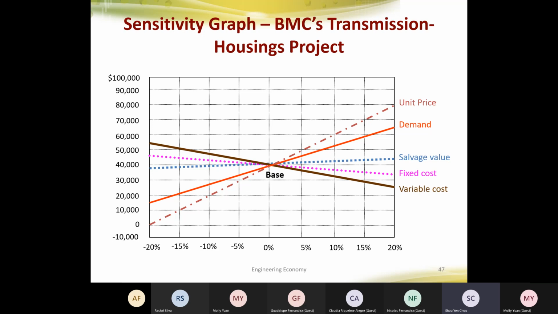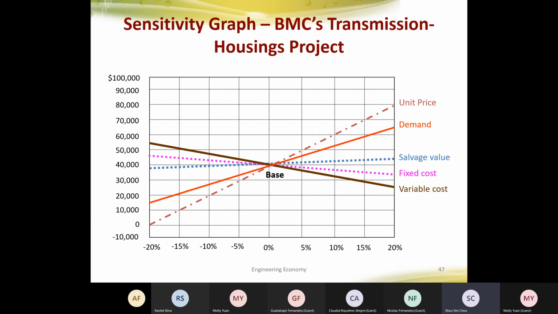From the numbers, we can see roughly, but it's not that clear. But here it shows very clearly that unit price is very sensitive to the change, to the variability. Demand is also, but not as severe as unit price, right?